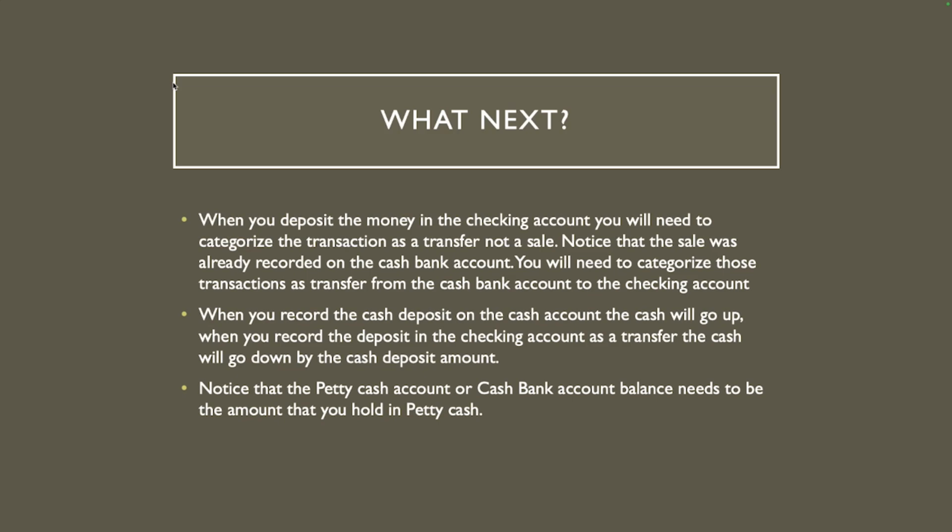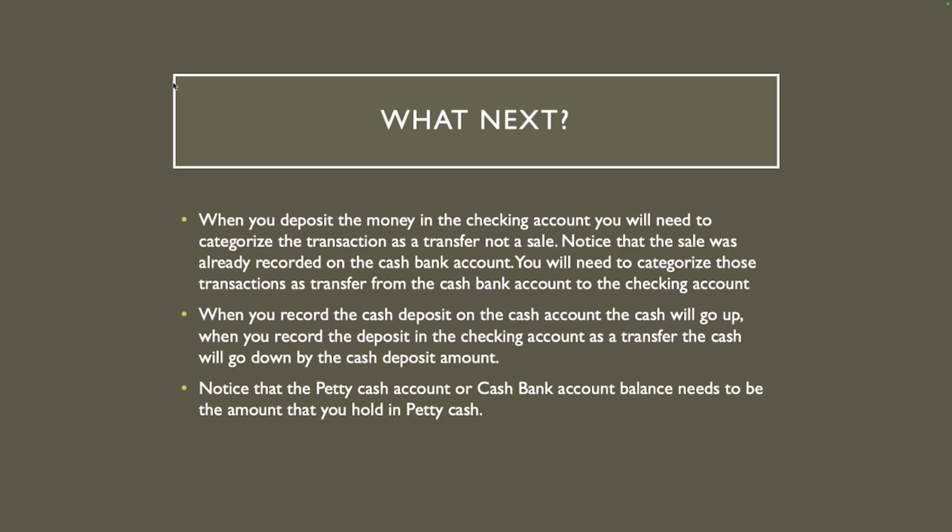When you record the deposit in a checking account as a transfer, the cash will go down by the cash deposit amount, because basically it's money in, money out on the cash account. So when you categorize as transfer, you're saying to QuickBooks that you're taking this money out of your petty cash and putting it in your bank account.